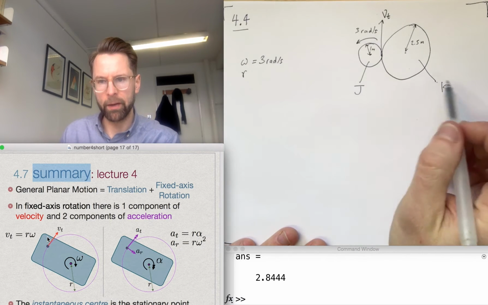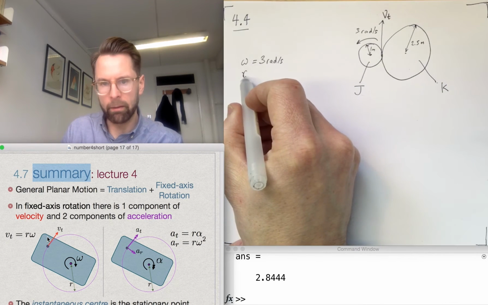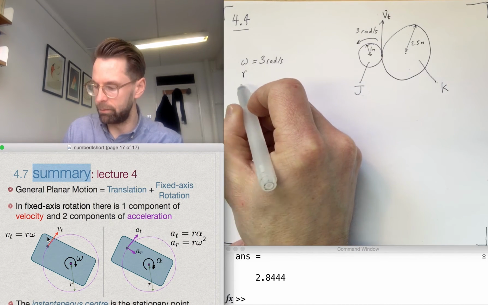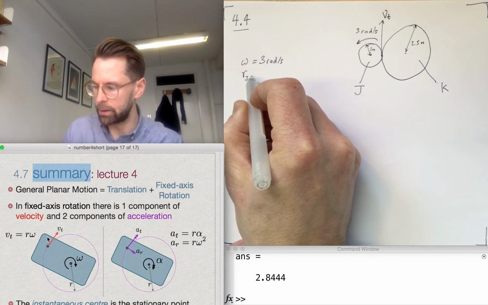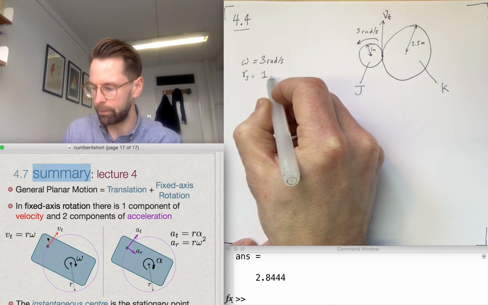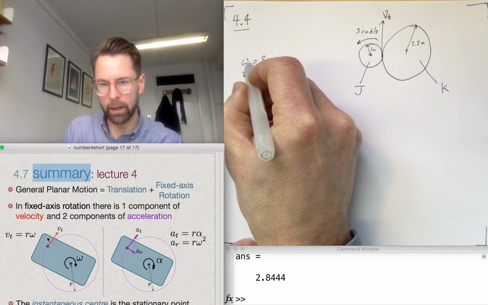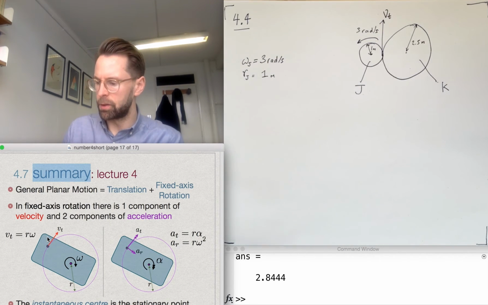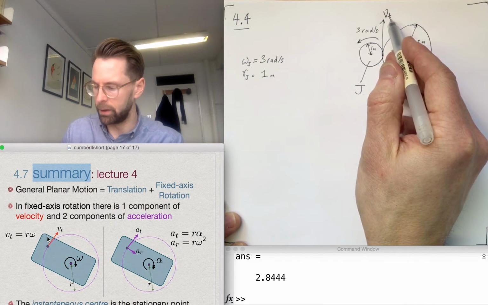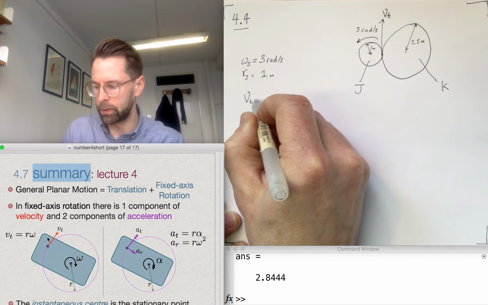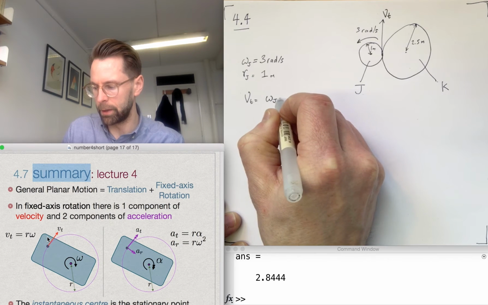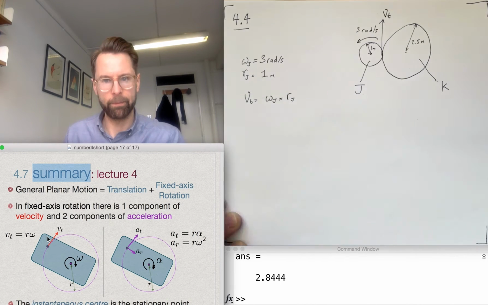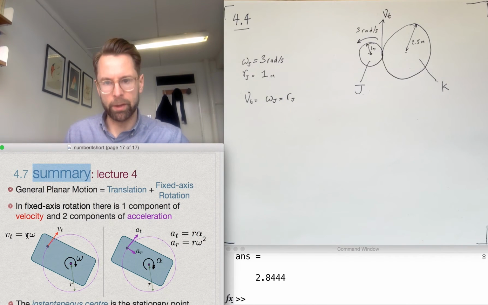Now, the radius of disc J is given to us as 1 meter, and this is the angular velocity of disc J. So the tangential velocity, Vt, is equal to omega J times Rj.